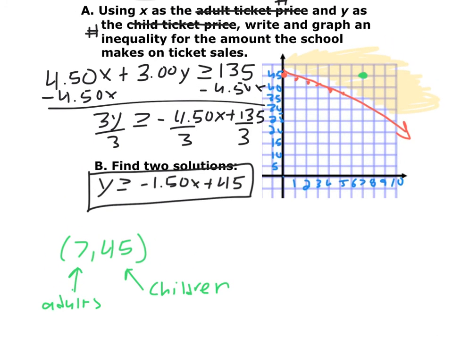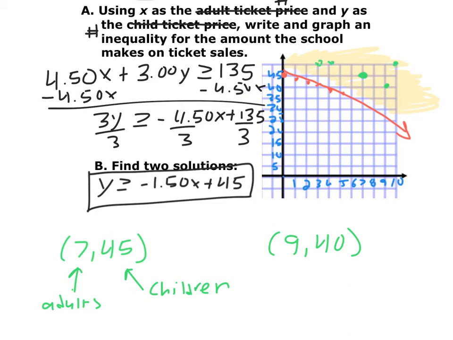What's another solution? Well, let's find one. Anything in the shaded region. Okay, how about this one right here? This is another one, (9, 40). If 9 adults attend and 40 children attend, they will meet their goal, right? So there's a lot of solutions. There's one here, there's one here, there's one over here.